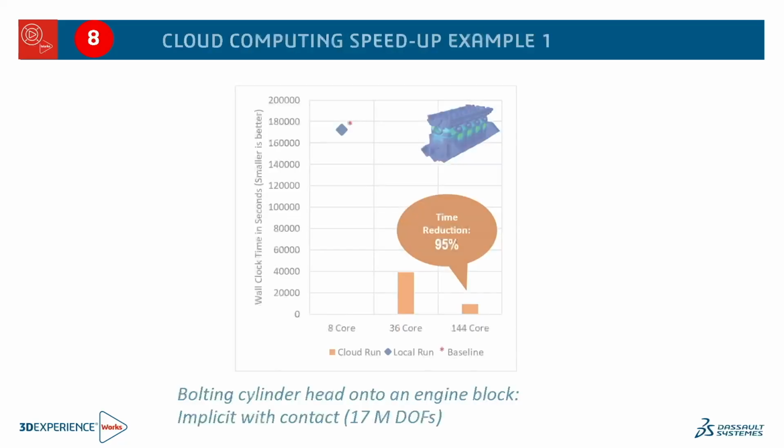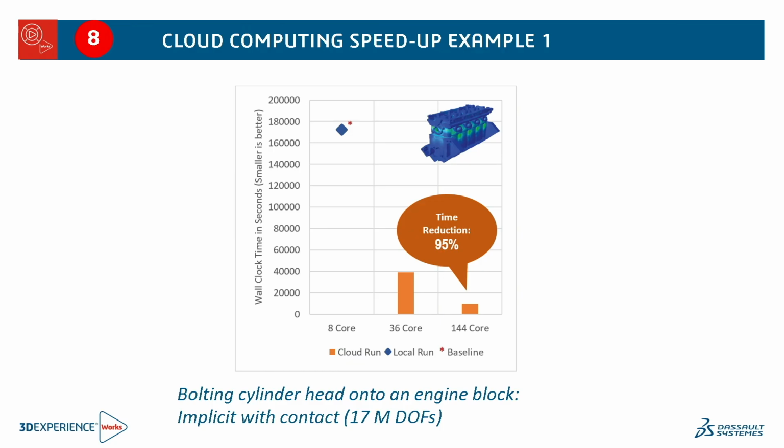And so let's look at some cloud computing speed up. So this model is an implicit one with contact. It has 17 million degrees of freedom. This graph has on the x-axis the number of cores, and on the y-axis the solve time. So here, going from 8 cores locally to 144 cores on cloud, we achieve a time reduction of 95%.